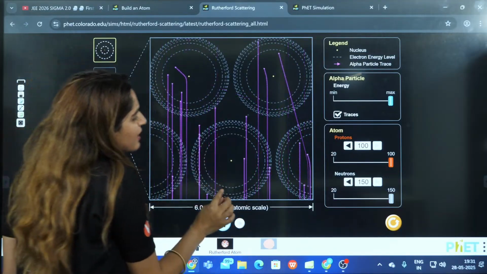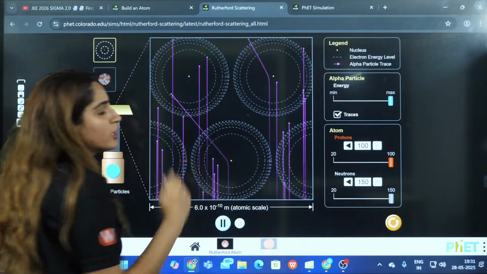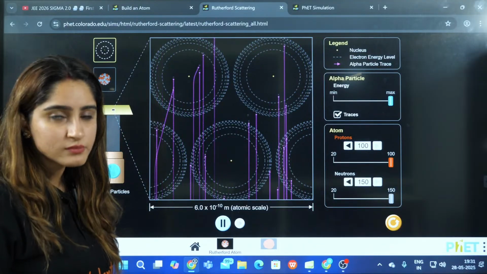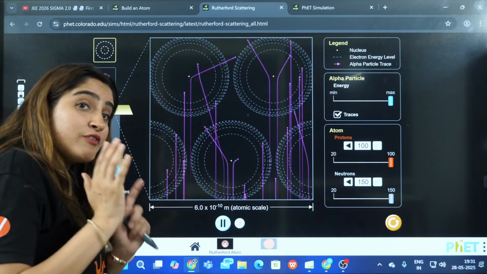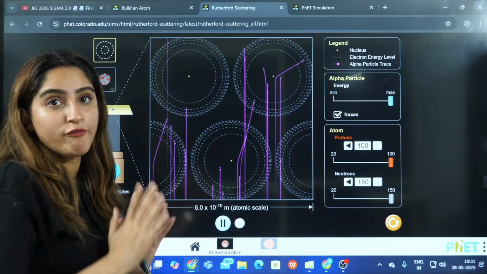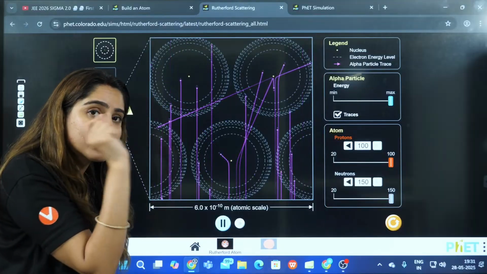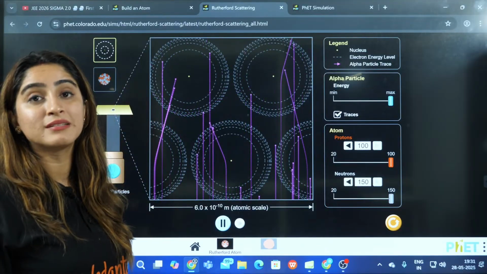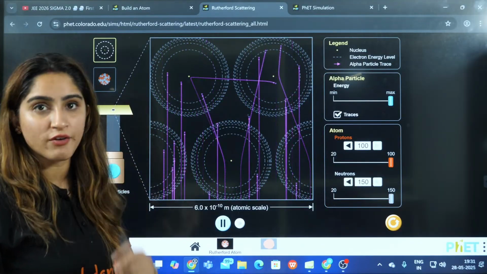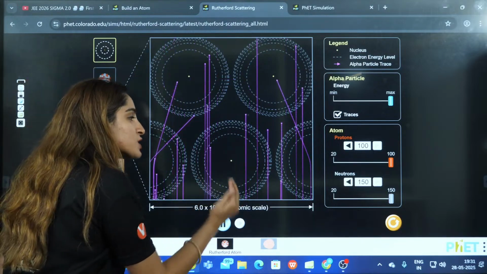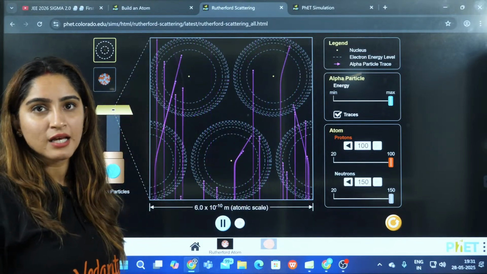That means only some of them are very near to the nucleus. Even if it is near the nucleus, it will deflect. That means the thing in the center of the atom is very positive, that is why it is deflecting.